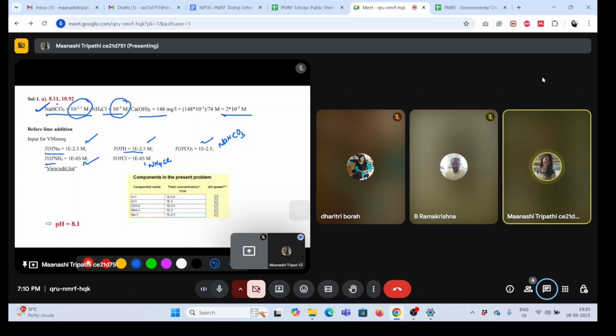Just putting all those values and entering solve, we'll get the answer as pH 8.1. So this is before. Just putting everything in molar concentration, we do not have to solve anything, just putting all the values and we will get the values. So if you are using Visual Mintech with me, please have a look if you are getting the same solution.